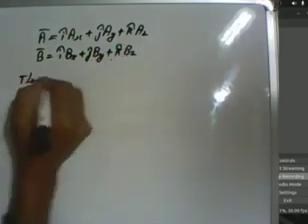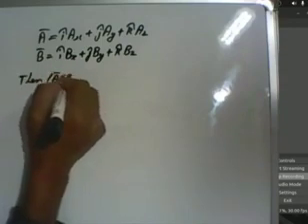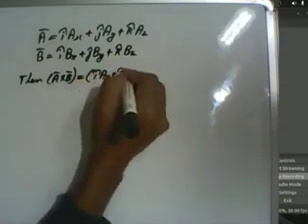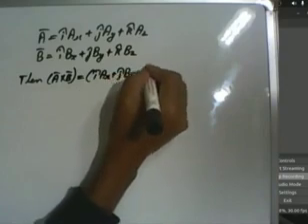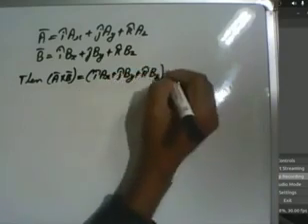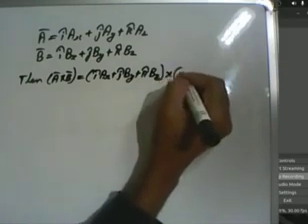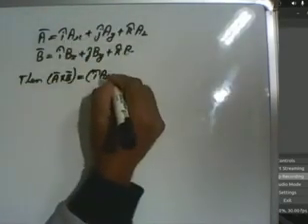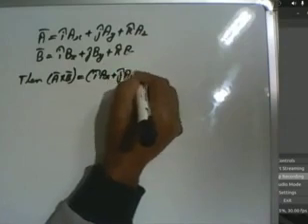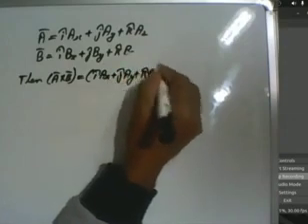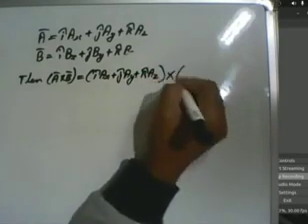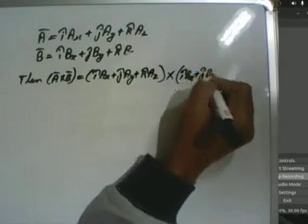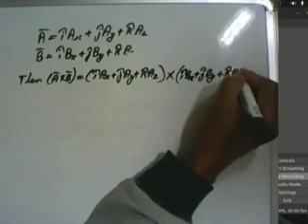Then the cross product A cross B is equal to (I Ax plus J Ay plus K Az) cross (I Bx plus J By plus K Bz).